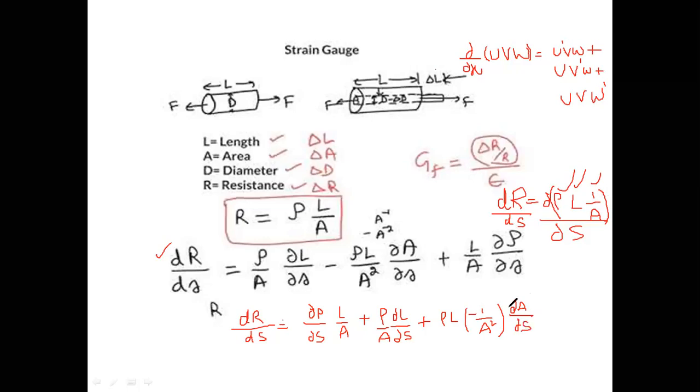Okay, so this I have written here. See, dr by ds equal to dou rho by dou s into L by A. Here it is. I will mark this with another color. First of all, I will erase unwanted matter.